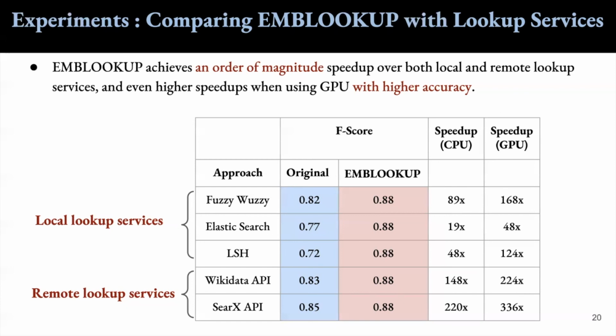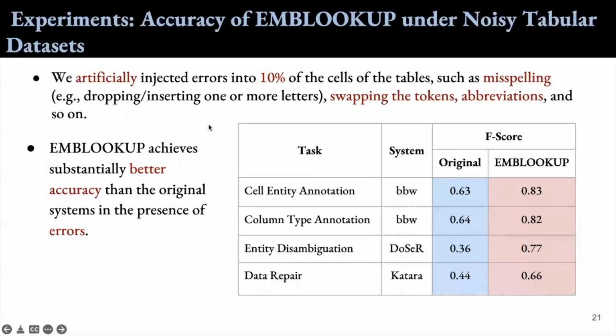The query is considered successful if the correct entity is retrieved in the top 10 entities. We report the speedup and the F-score of mLookup over baselines. And again, as we can see from the experiments, mLookup matches all these services in accuracy with faster retrieval.